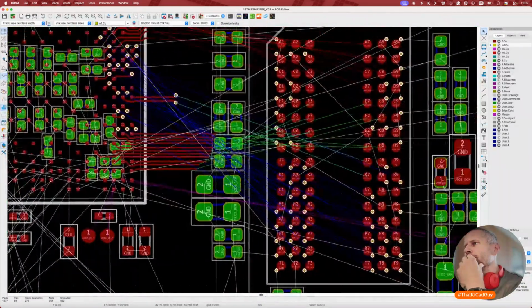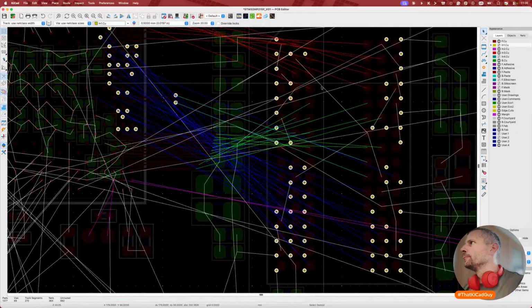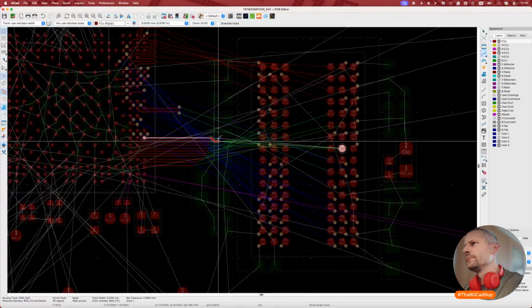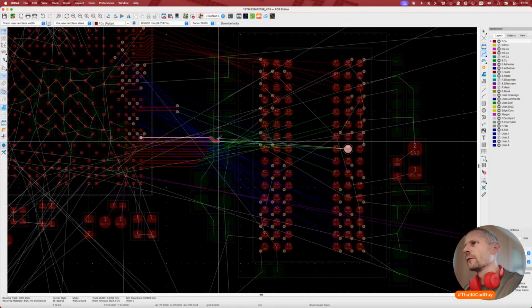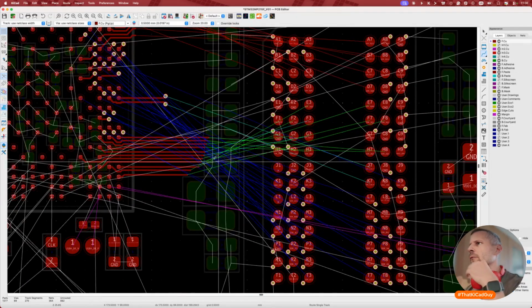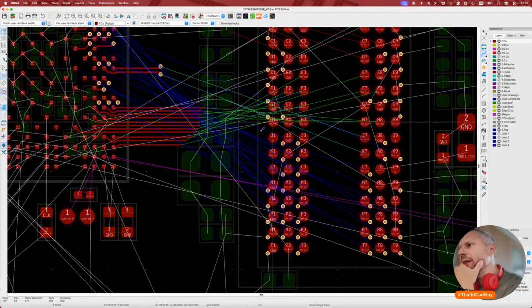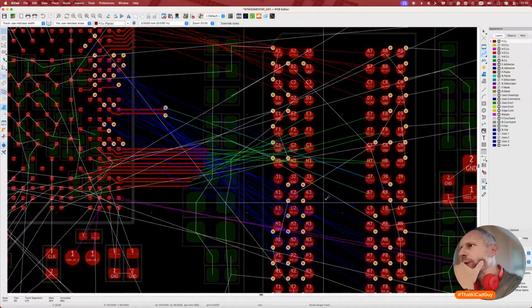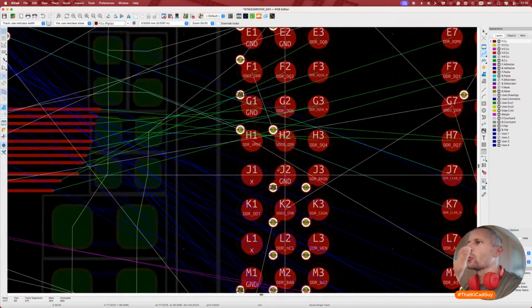Okay, now I need to assign. So if I go like this and here, I need to assign the most bottom and most left signal.